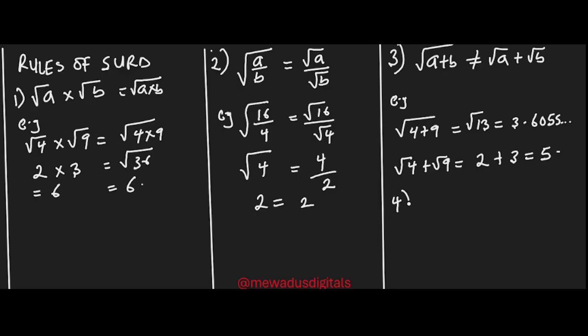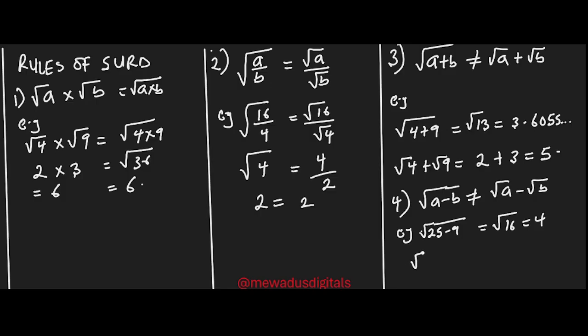Fourth, if we have root A minus B, it is not equal to root A minus root B. Let's take an example here. If we have root 25 minus 9, this is going to give us root 16, and that gives us 4.